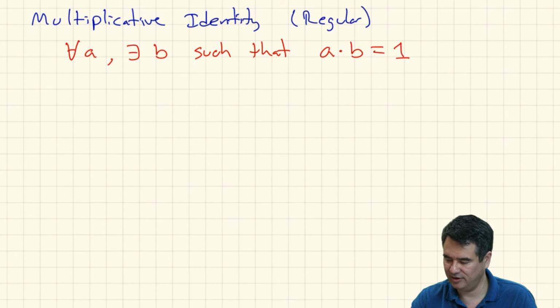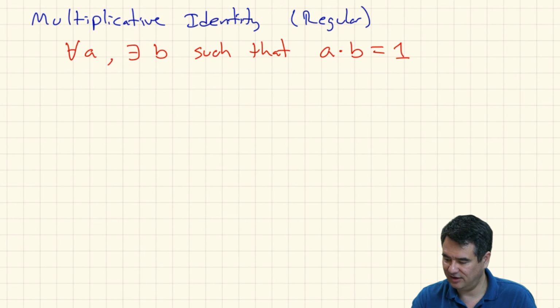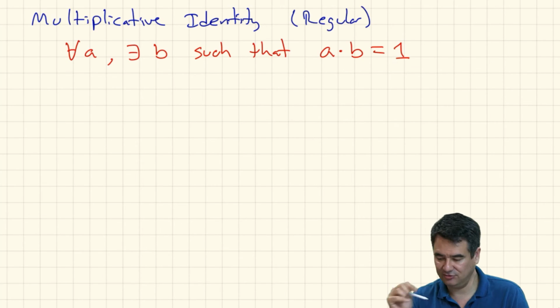It should actually be 1. The reason it shouldn't be 0 is because there's only one b that when you multiply by a gives you 0. Under multiplication, the identity value that you're interested in is 1. So we want two numbers which, when multiplied together, get you 1.